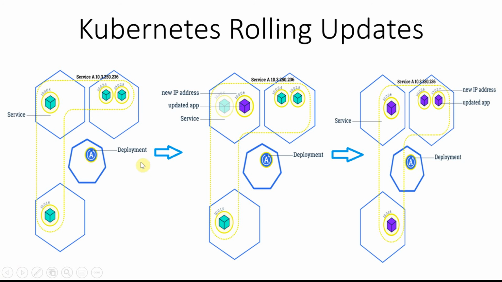As I said, Kubernetes uses the rolling upgrade strategy. So when you give a version 2 to it, which is highlighted in this purple color, first it will deploy your version 2 in the first node, and slowly delete the old version 1 instance, and will deploy version 2 in one node, not all the other nodes.